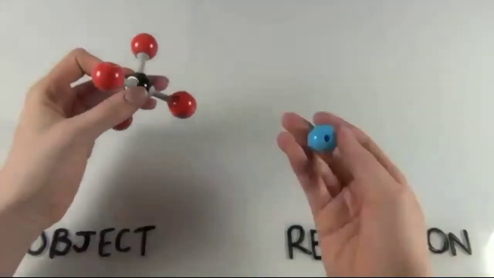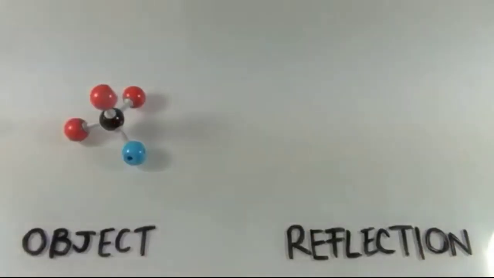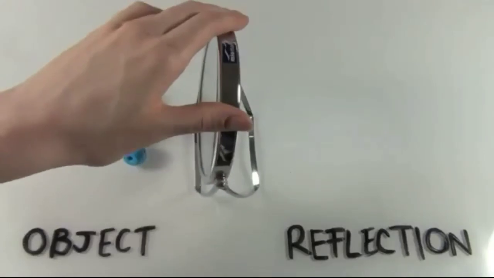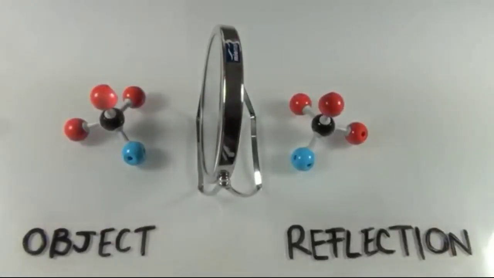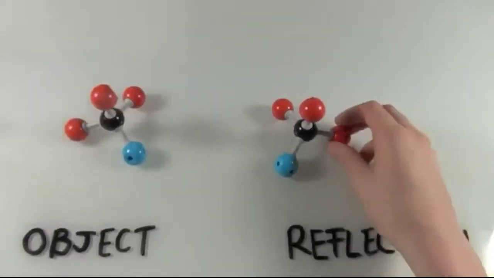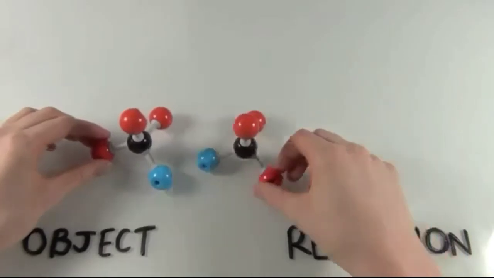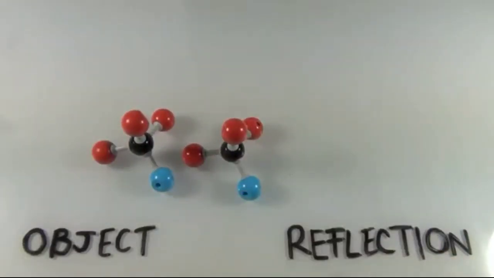And then let's change one of the colors. Let's turn it to blue, and then the other one also. So they are also identical to each other. They are equal.